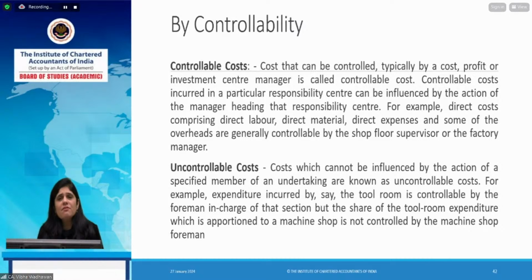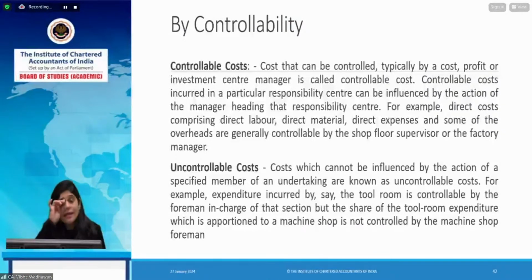So something which is incurred within a department, the manager is able to control. So the controllable cost is the one which can be controlled by the manager. Uncontrollable cost means which cannot be managed or controlled by the department manager.